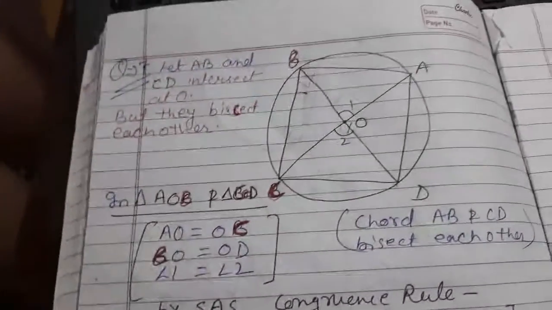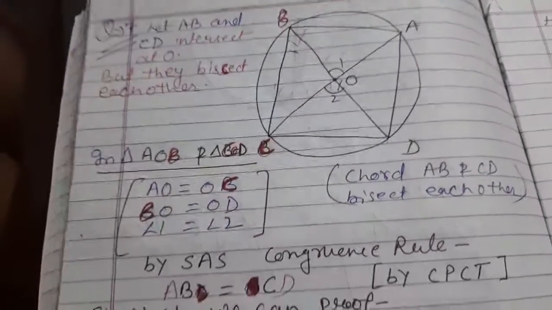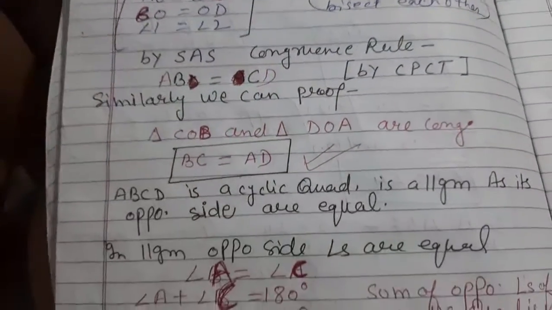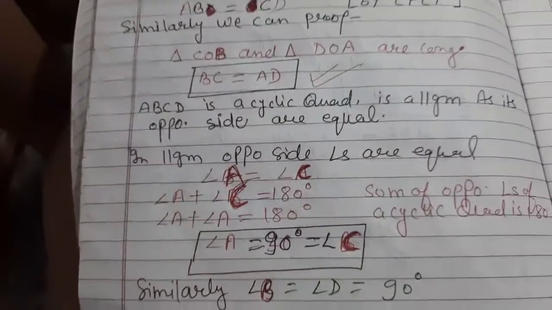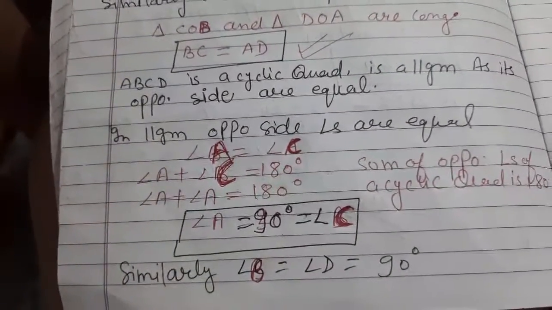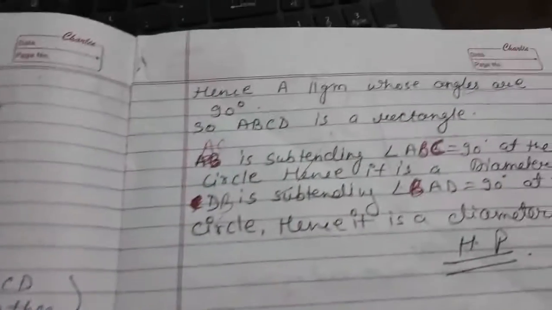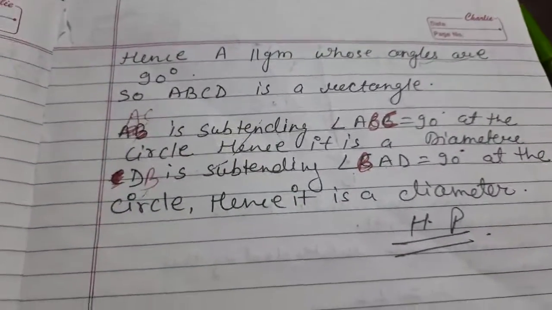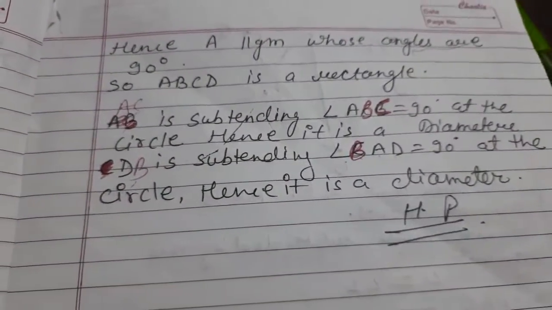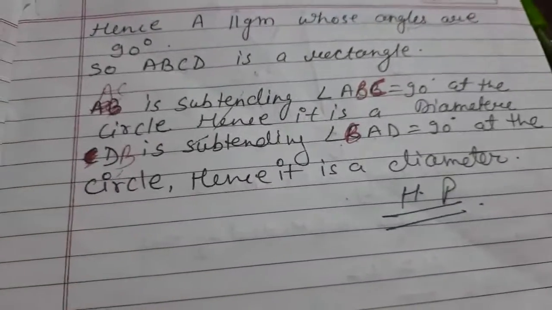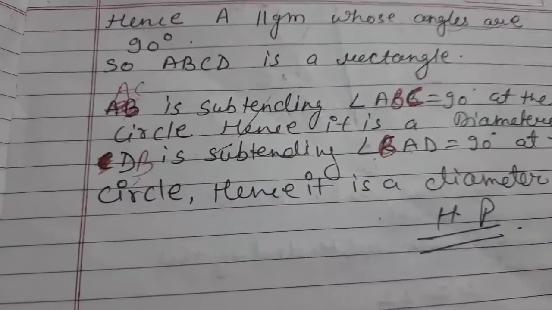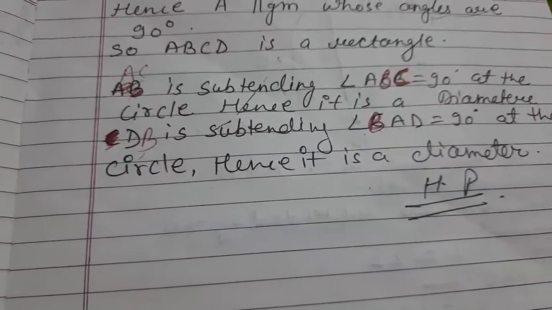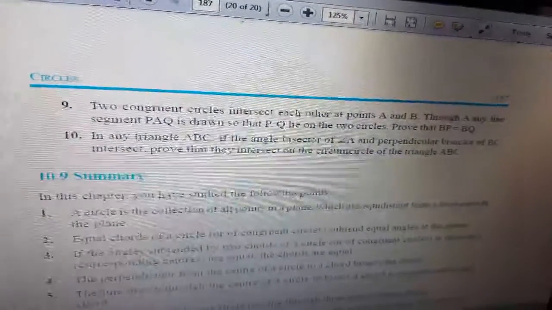So question number 7 we have solved by the congruency criteria, the parallelogram property, cyclic quadrilateral property, and rectangle property, and the angle subtended by a semicircle is 90 degrees. So that's it. Now question number 9.